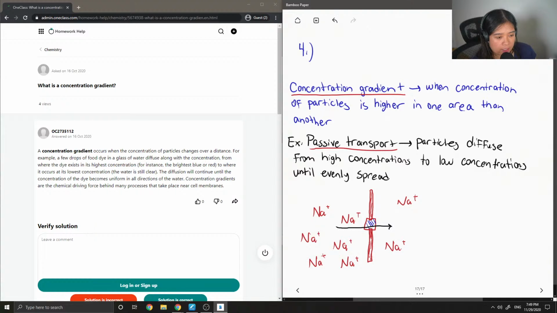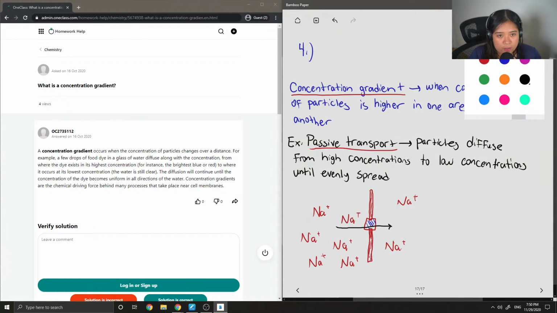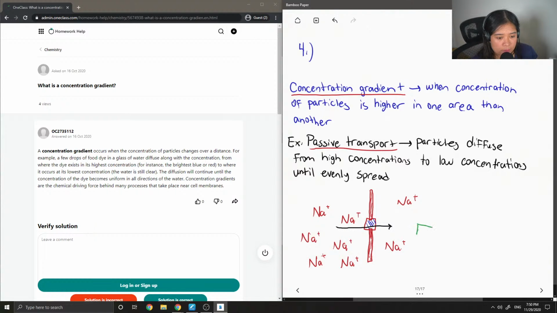Since there's such a high concentration on the left side, they want to move over to the right side. So now I'll draw what this will look like after.